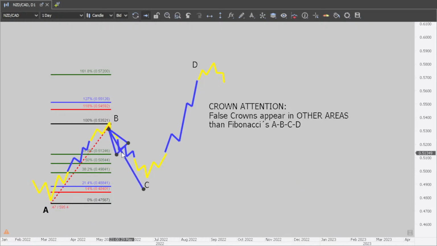So those are crowns A, B, C, D. It's a Fibonacci sequence. Once the market finds the C, maybe it's a confirmed C, maybe it's not, it's going to push to the relative extension. Green goes to green, blue goes to blue, red goes to red. This is a concept, everybody.